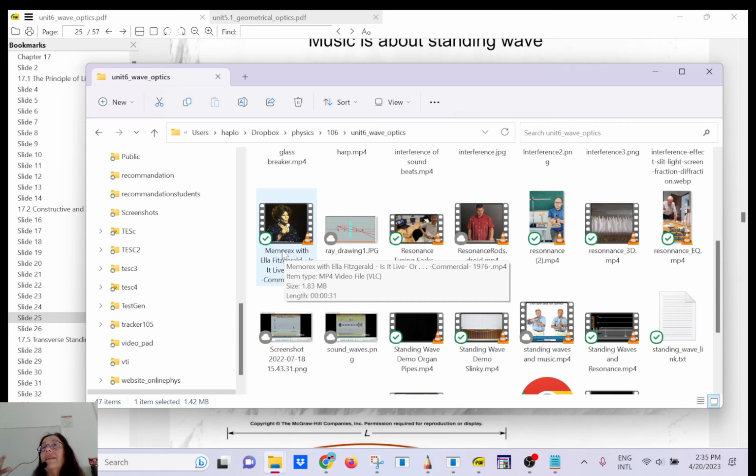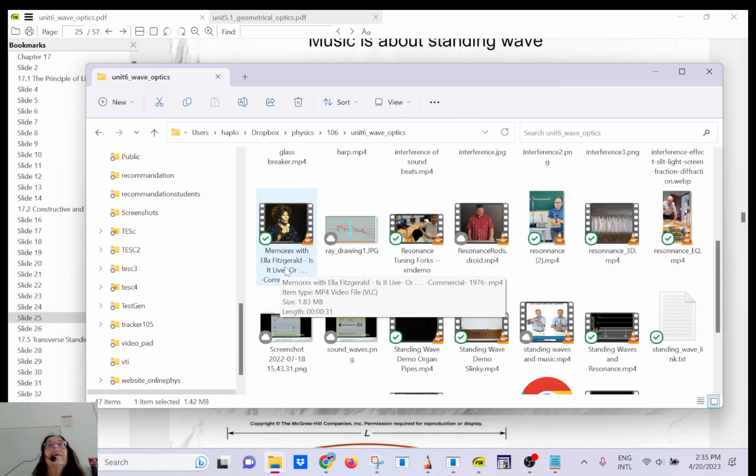It was back when we didn't have the technology that we use today. They had magnetic tape, so you would record the voices or the sound on magnetic tape. Their point is that their magnetic tape is so good that you could record the voice of Ella Fitzgerald and still be able to break a glass. It's a very famous commercial.